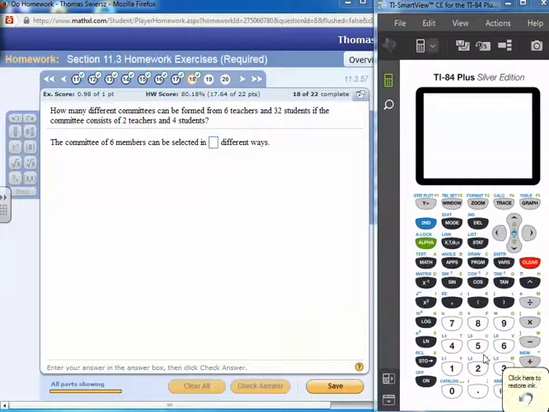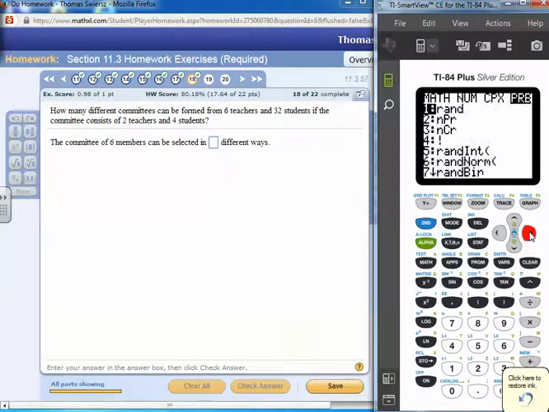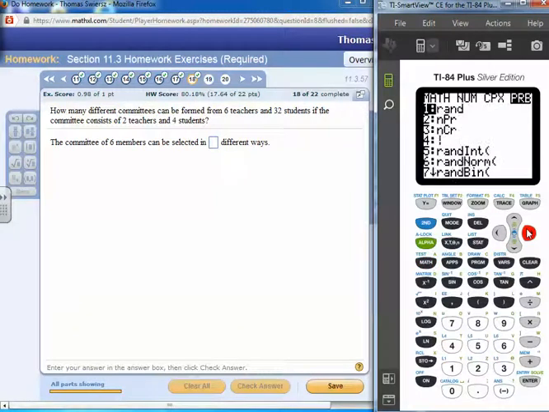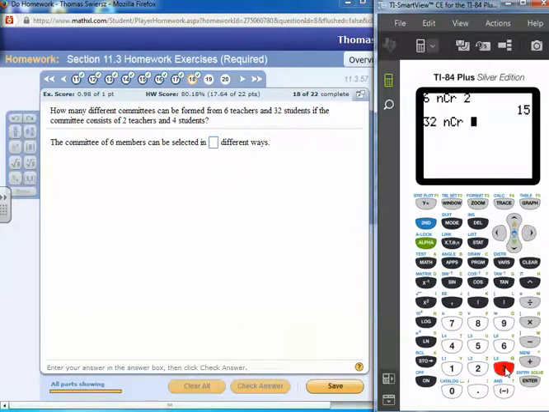The teachers, there's a total of 6. We're selecting 2. So math, PRB, it's a combination, selecting 2. So 2 teachers from 6 is 15 different ways. Then we're going to do the students. There's 32 students altogether. Again, order doesn't matter, so it's a combination. So it's nCr, and we're selecting 4 students.